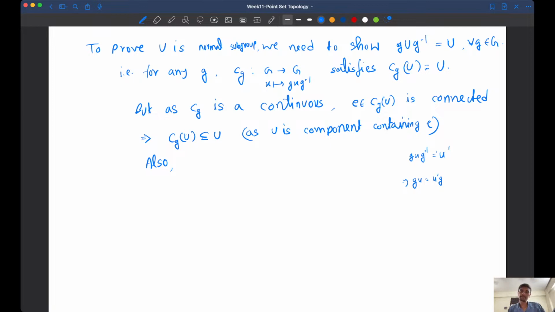Now basically g of capital U is g of small u1, consisting of u1 belongs to U. This implies g is equal to u prime g u inverse.